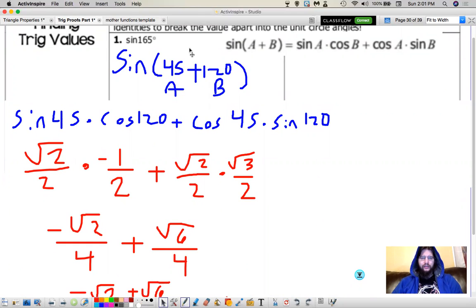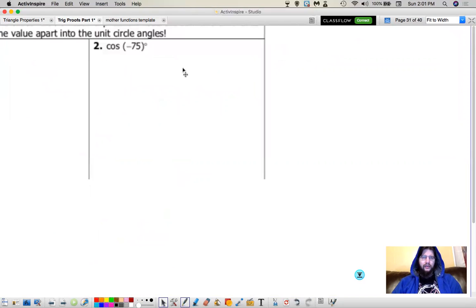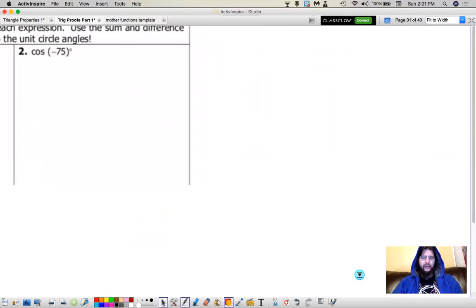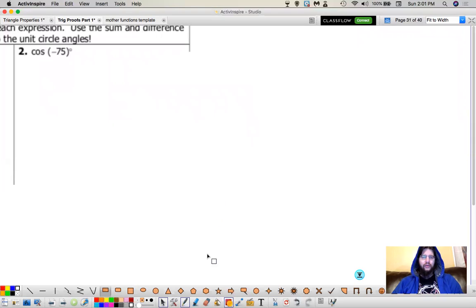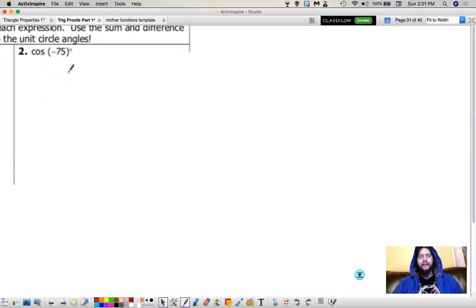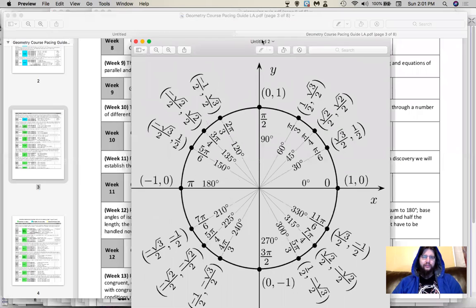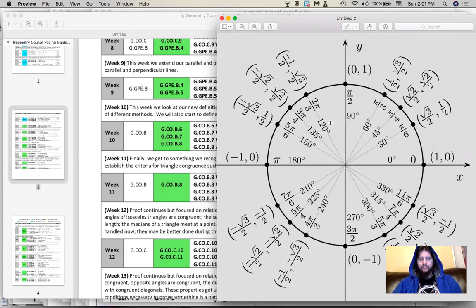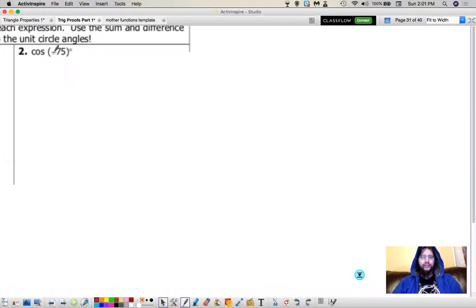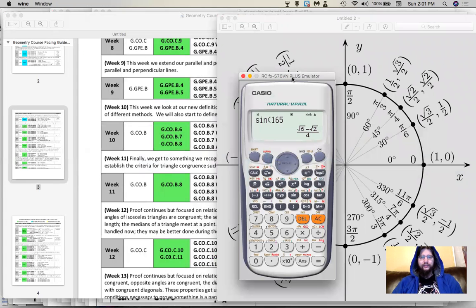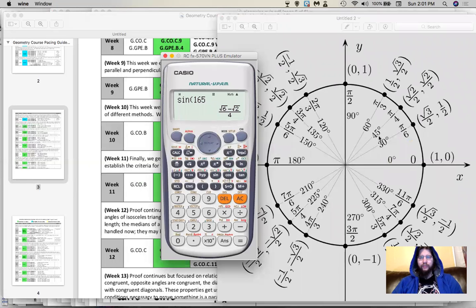So let me grab the next one. All right, now we got cosine of negative 75. Okay, let's figure that one out. Again, we're trying to figure out what two angles either add up or subtract to give us a negative 75. So here's our options. Since we've got a negative there, I'm pretty sure we're going to be subtracting. So let's see, trying to get negative 75. It's got a 5 in it, so we're probably going to use that 45.